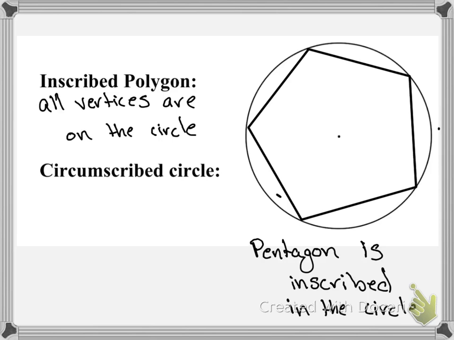So if we're talking about the pentagon, we would say the pentagon is inscribed inside that circle. If we're talking about the circle, we would say the circle is circumscribed about that pentagon, because the circle contains all the vertices.